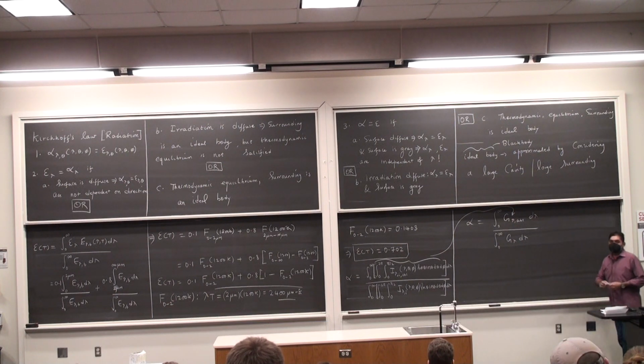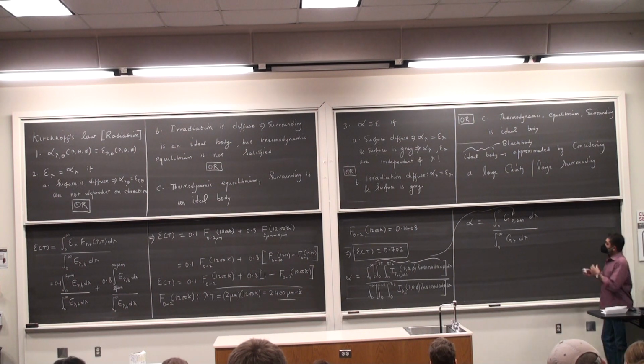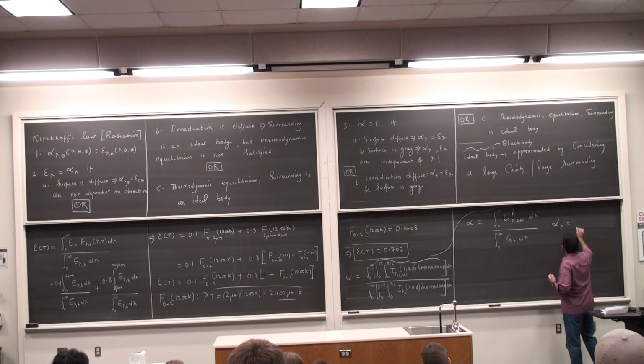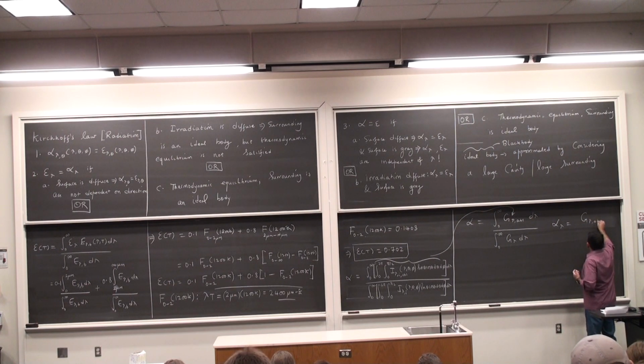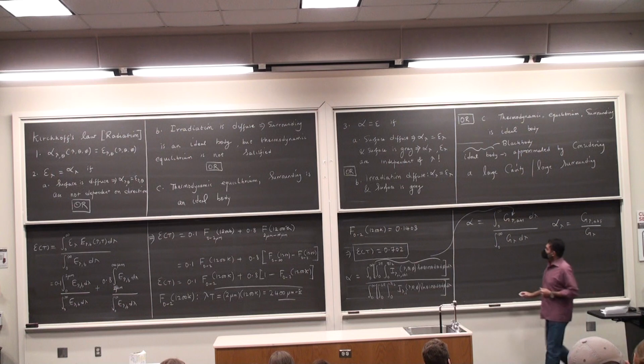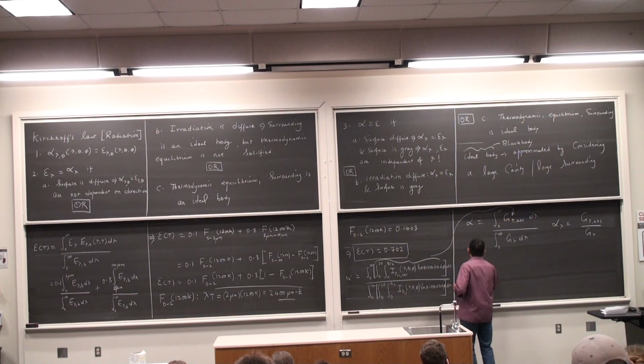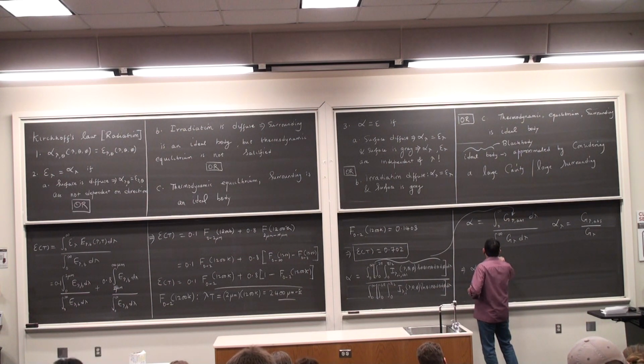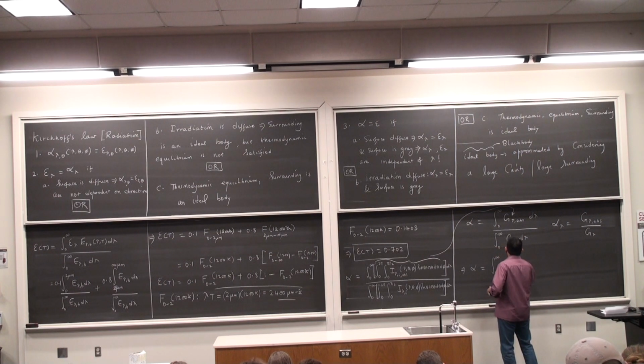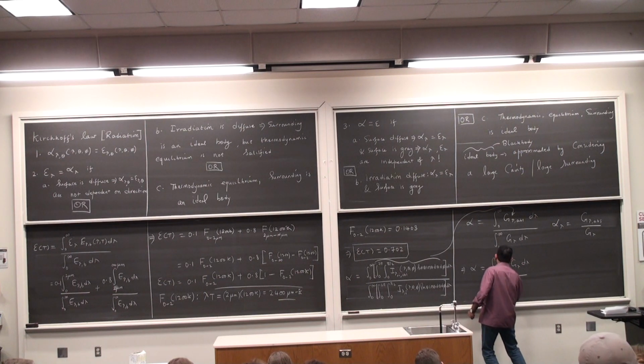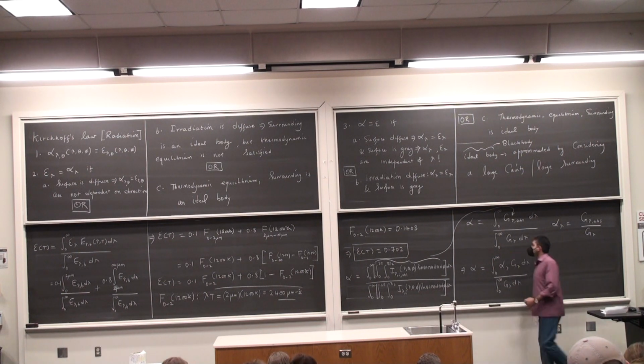That is that quantity, and likewise its counterpart in the denominator. Then we recognize, and of course alpha lambda by definition is G lambda absorbed divided by G lambda. So I'm going to substitute for alpha lambda instead of G lambda comma absorbed, so that alpha is the integral from 0 to infinity of alpha lambda G lambda d lambda divided by the integral of G lambda d lambda.